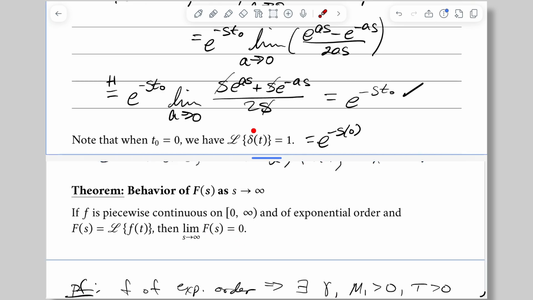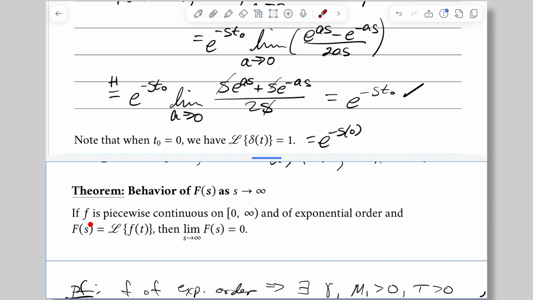Again, we have a function that violates those conditions. The limit of the transform, I mean, it transforms to 1, right? That limit is not 0 as s approaches infinity. So when we encounter things that seem to violate principles that we've already established, I want you to remember that there were hypotheses, continuous or piecewise continuous, exponential order. And if those hypotheses aren't satisfied, then different things can happen.